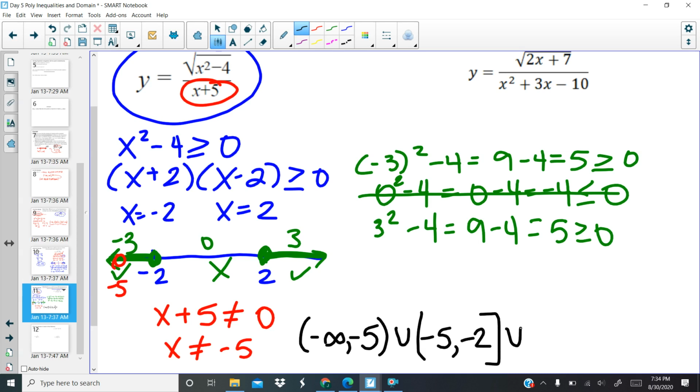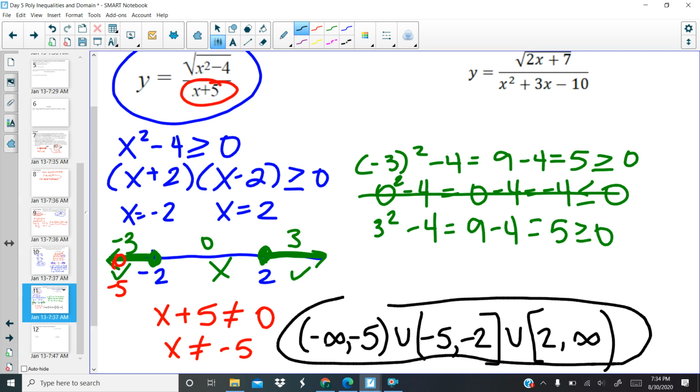We don't want to include the space between negative 2 and positive 2, so we start again at positive 2 and go to infinity. So this would be our whole domain, and it has multiple restrictions, and it's kind of lengthy to write out, but that is how you would want to write out this domain.